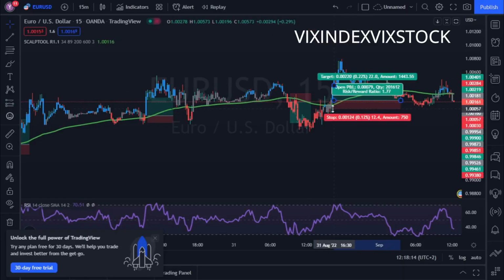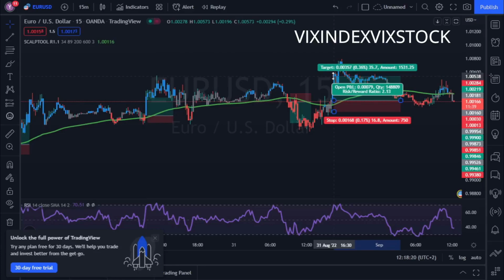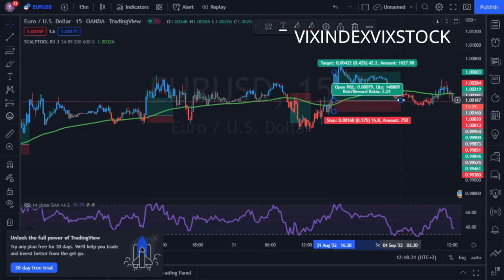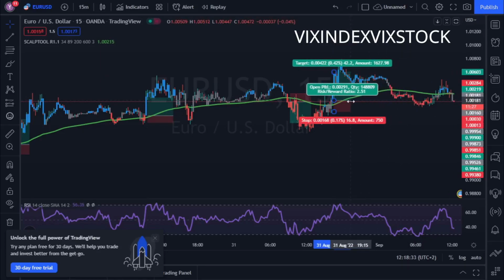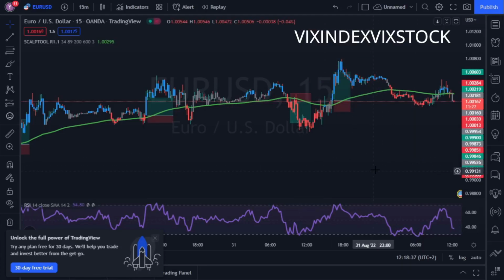We put our stop loss there, and look for our 1 is to 2, 1 is to 2.5. 2.5 would have been there, but 1 is to 2 would have certainly worked in this scenario.